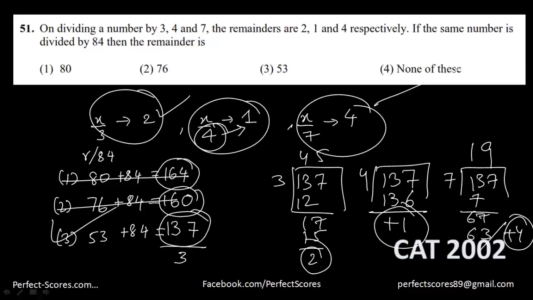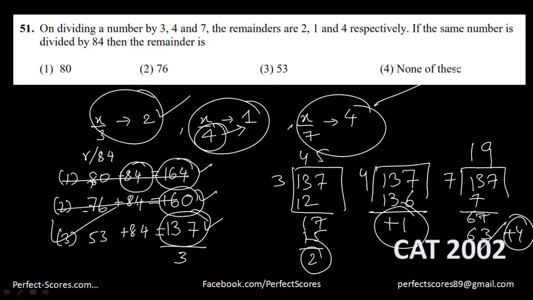So I back solved in this question and got to my answer very easily. Clearly you can see that the question asks what is the remainder when the same number is divided by 84. If these are the remainders, I can add 84 to all the numbers, get an idea about these numbers, and from there go ahead and double check.